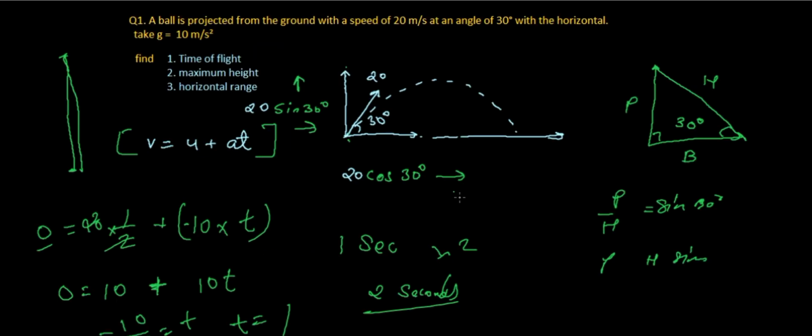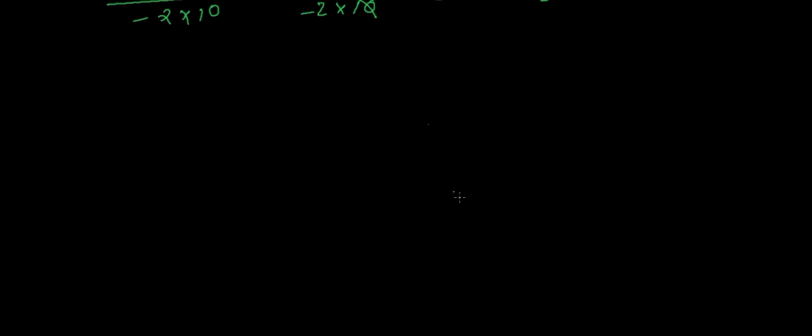Now we will find horizontal range. To find horizontal range, we know that when an object travels, it covers two dimensional distances. First, in a vertical direction, it goes up and comes down, and in the horizontal direction, in vertical direction we have an acceleration that changes the value, but in horizontal direction we don't have any acceleration, so the initial velocity is the same throughout the trajectory.